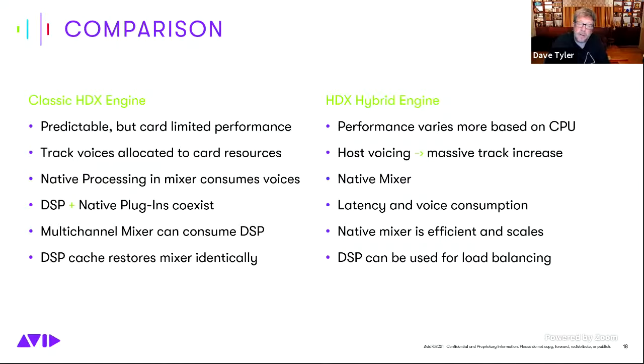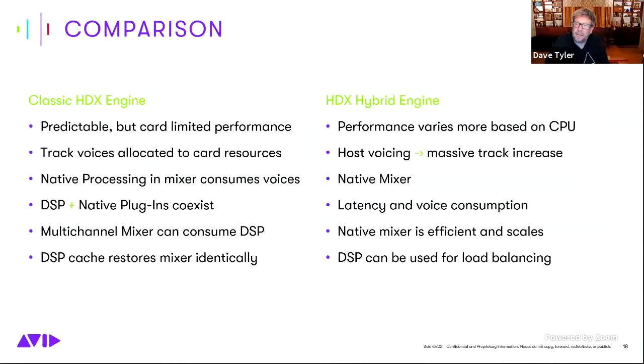So when we come to the hybrid engine, your performance does vary more based on the CPU. Some of our very lucky beta testers have these incredible souped up Mac Pros, and they can run the most insane sessions.